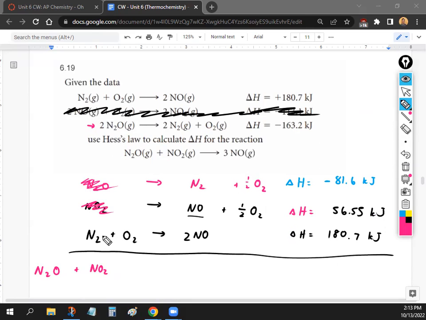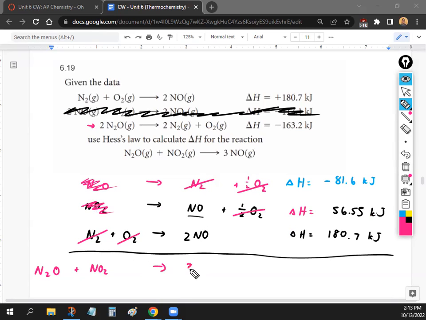Now there's an N2, 1 mole of N2 on the left and right side. So these guys are going to cancel each other out, so we don't write them in the final equation. And for O2, we have 1 mole of O2 here, and then we have 1/2 O2 and 1/2 O2. If you combine them, it's 1. So these guys will also cancel out. Okay, perfect. So everything on the reactant side is used up, and we can draw our arrow.